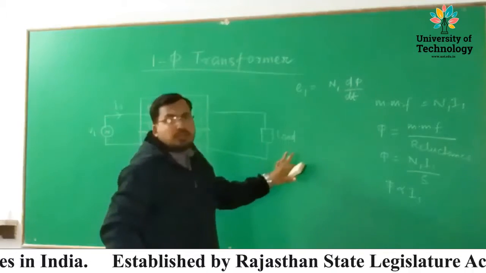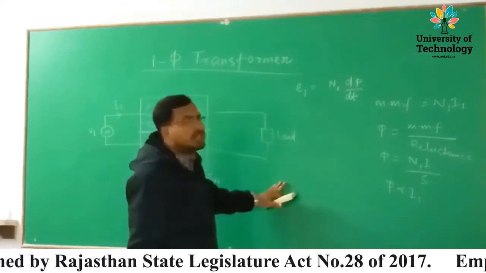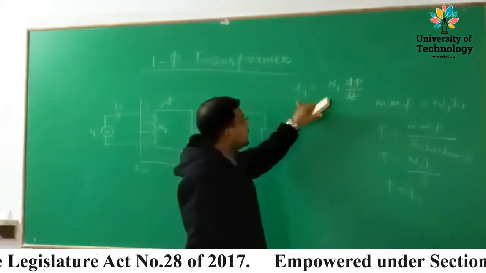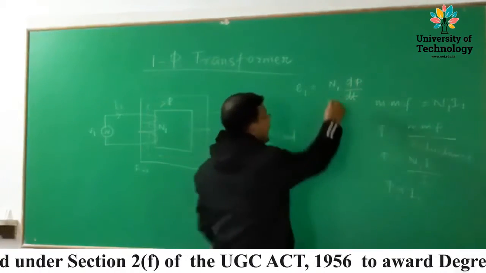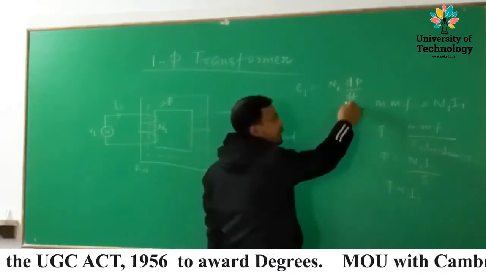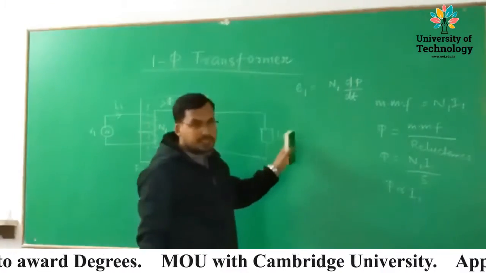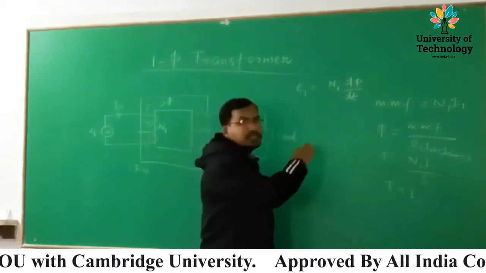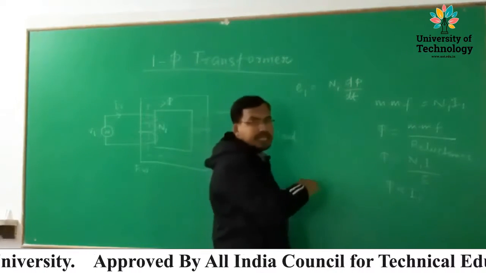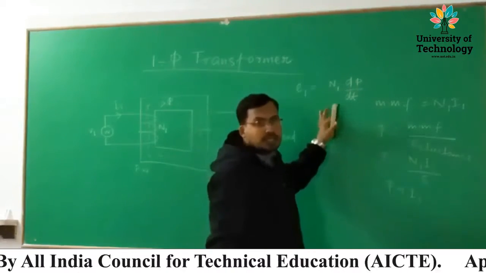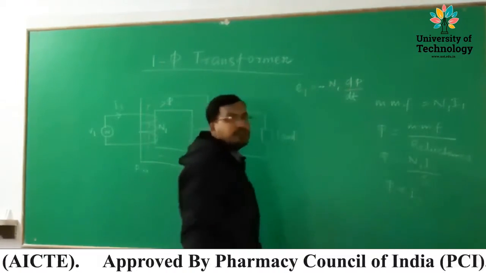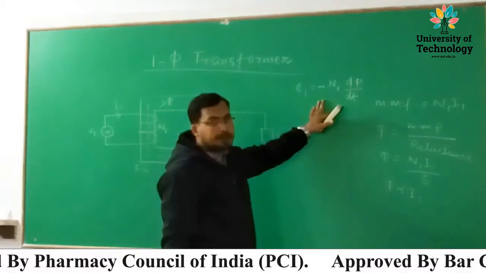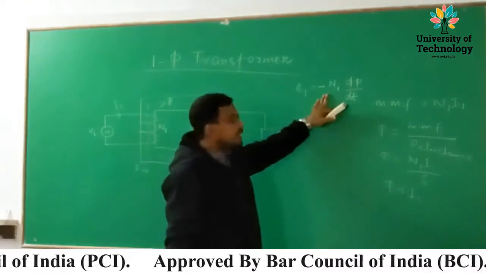This EMF is due to Faraday's law of electromagnetic induction, where N1 is the number of turns and d phi by dt is the rate of change of flux linkage. According to Lenz's law, the EMF which is generated opposes the cause which produced it. For this we give a negative sign in the EMF generation.